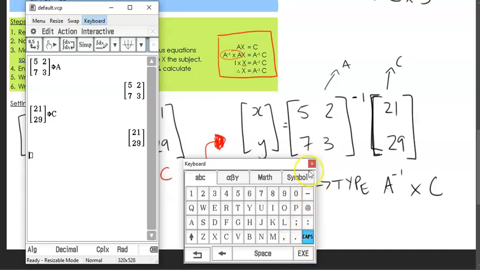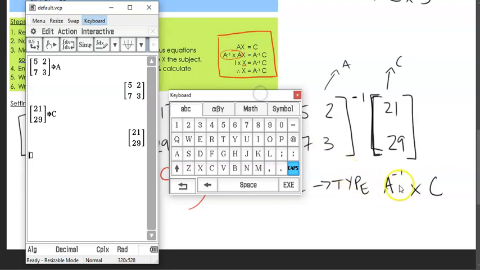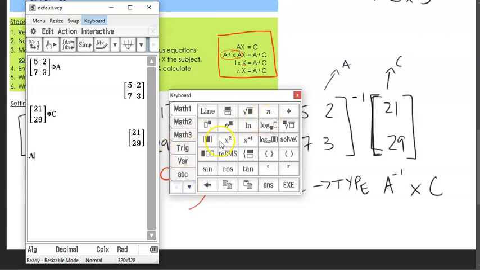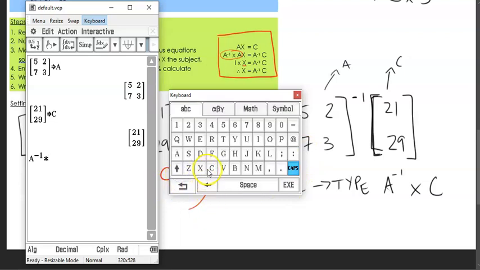So now that the calculator knows what A is and what C is, we want it to figure out what A to the power of negative 1, or the inverse of A, times C is. I'll literally just write that out. So A to the power of negative 1, make sure you hit across, multiplied, C, execute this, and it will say 5 and negative 2.